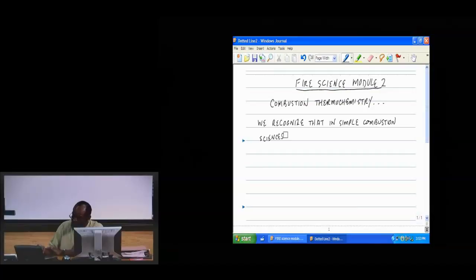So in simple combustion science applications, the fuel is well characterized, we'll say usually. And again, this is in contrast to fire applications.